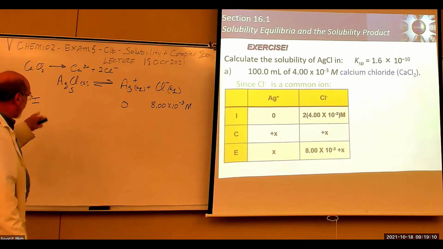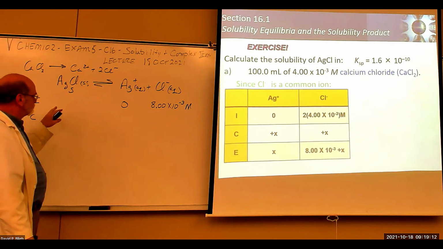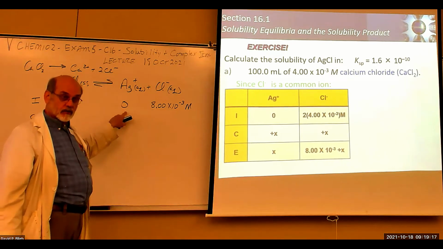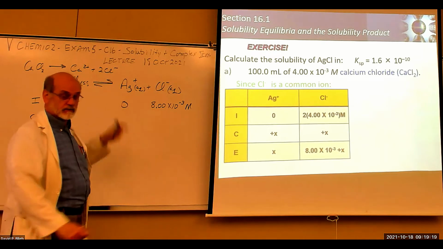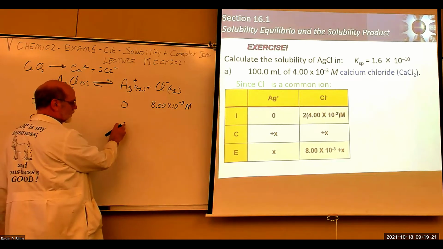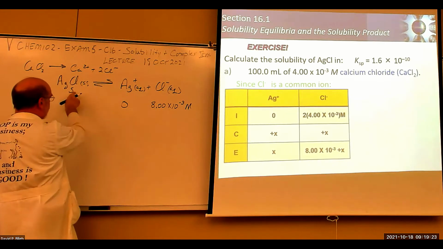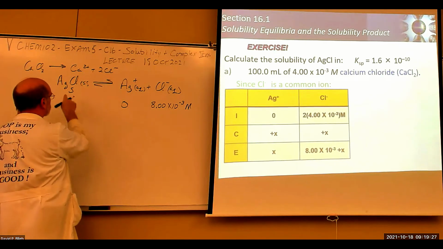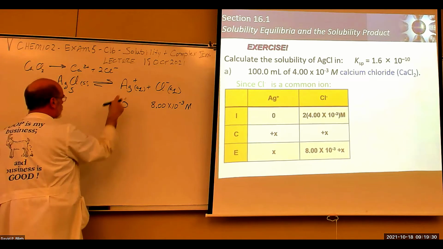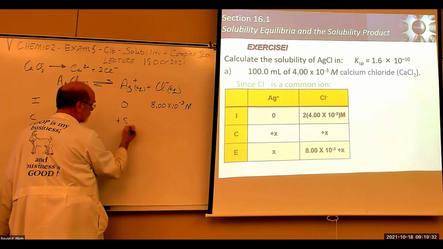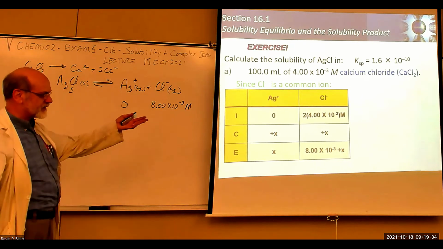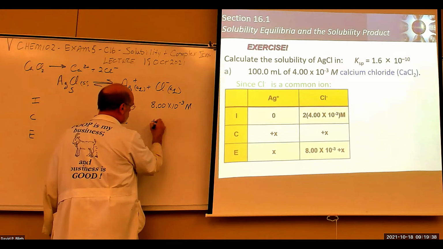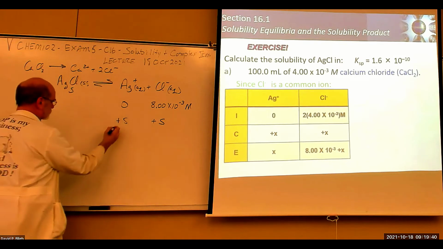Now we start off with 0 silver, so we're going to get some of this in solution. If one of these goes into solution, you get one of those, so we do get one of these. I've got it as X here, same concept, and one of those and one of these goes into solution.